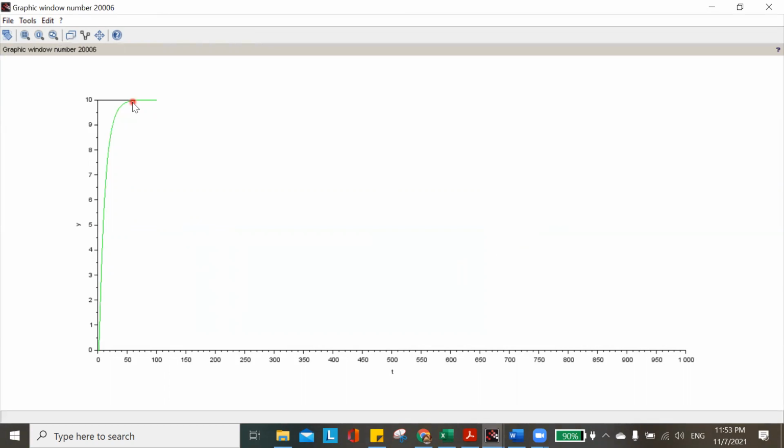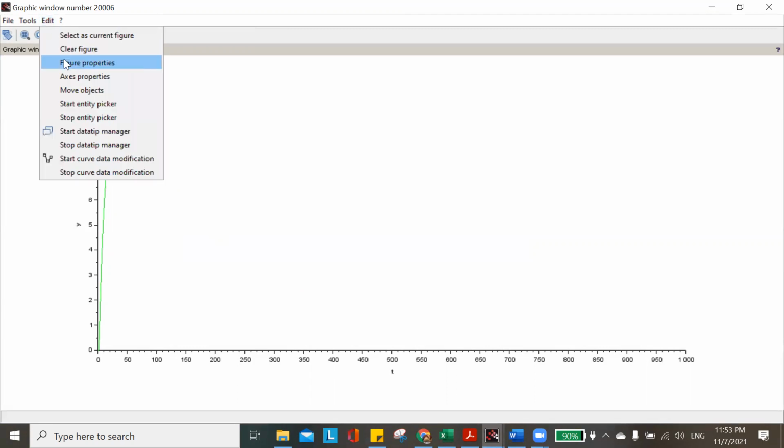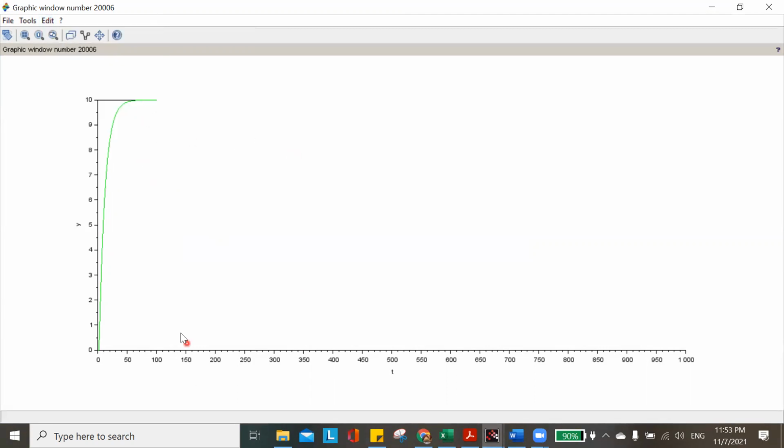You introduce the input, and then you simulate. You get this graph. Then we want to analyze this graph. What I did is edit this graph, and you know how to edit, right? You go to edit figure properties, or you can replot on the console or using Xcos.